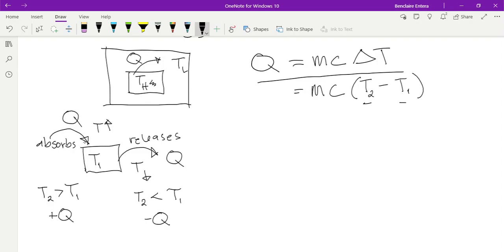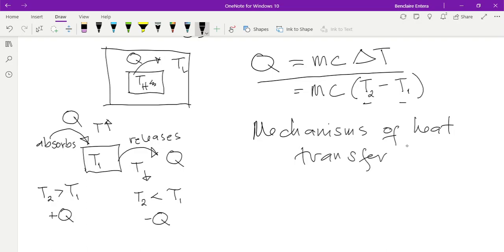So how does an object absorb or how does the object release heat? So this is our topic, the mechanisms of heat transfer. These are the methods, this is how objects absorb or liberate heat.